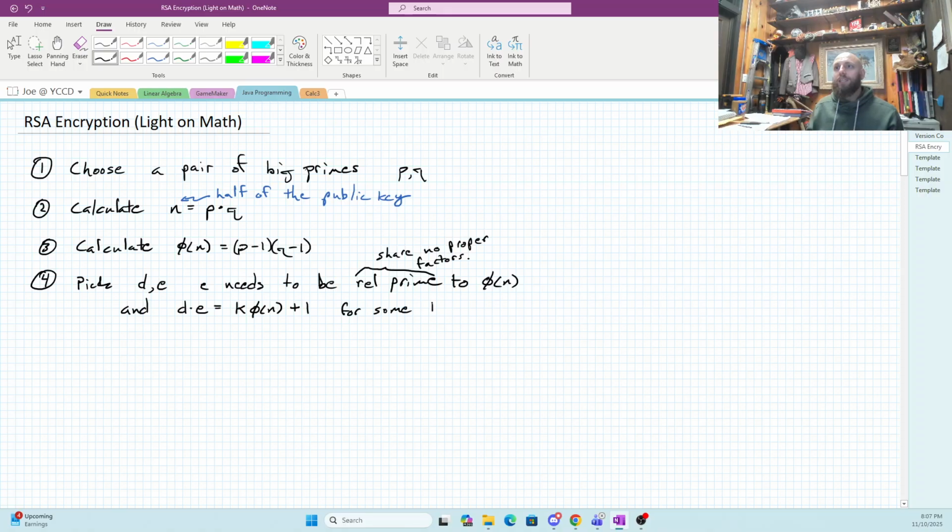In practice, the way I'm going to do this with my easy example is I'm going to pick k's, multiply them by the totient, add 1, and then factor that number until I find a convenient pair of D and E. There are other ways to do that; picking D and E is a subtle process, and there are a number of different algorithms you can use.